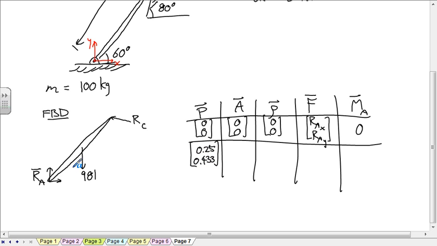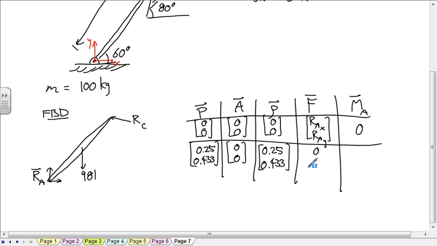So 0.5 is the distance from here to here. So it's 0.5 times cosine of 60, 0.5 sine of 60, and I think that's what that should be. The about point is still zeros. The row vector is 0.25, 0.433.